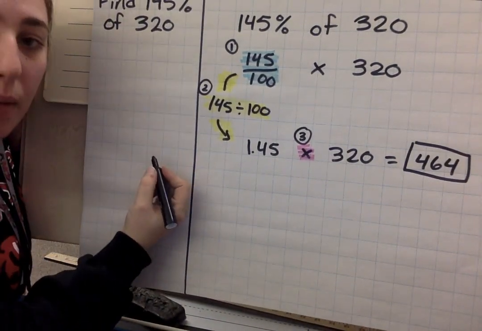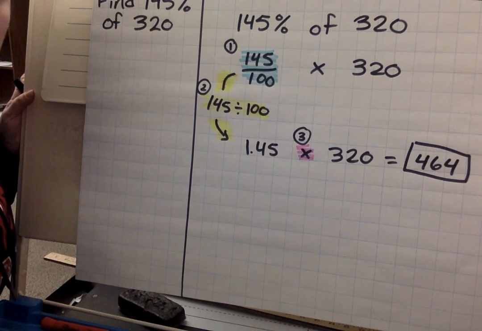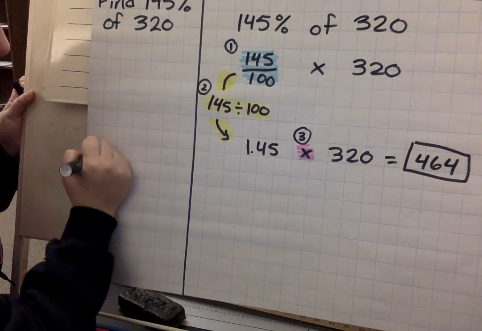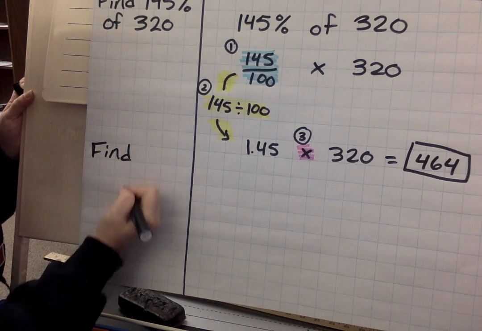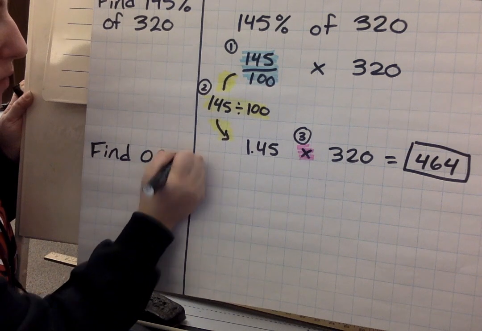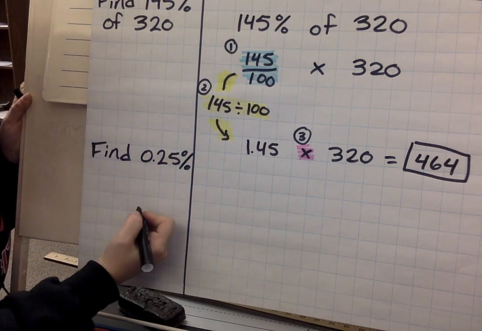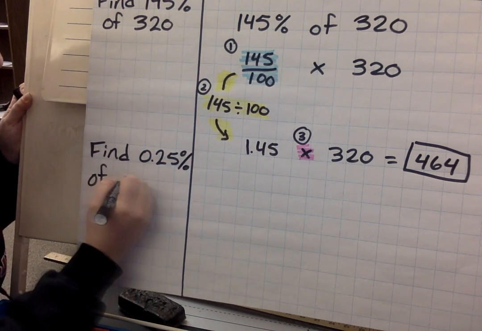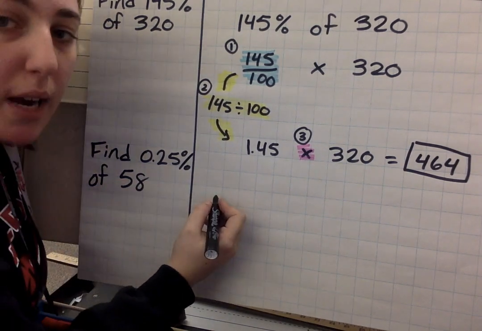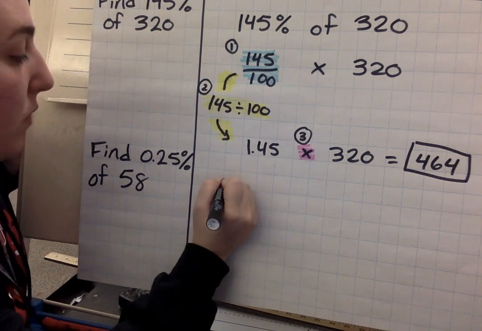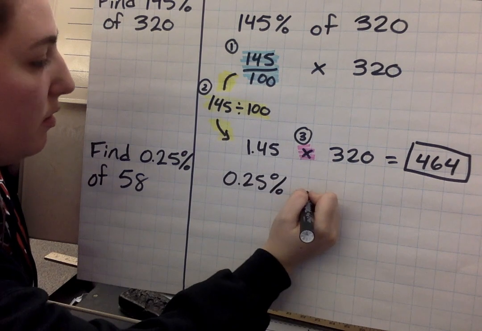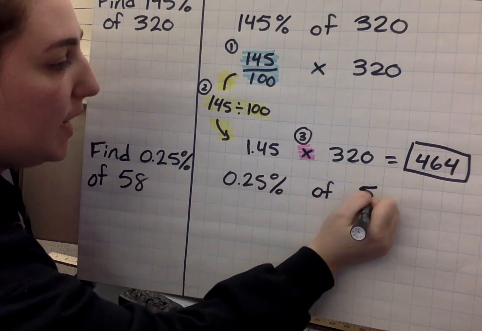So the next problem we're going to do is to find 0.25% of 58. All right, so we're going to rewrite the problem over here. 0.25% of 58.